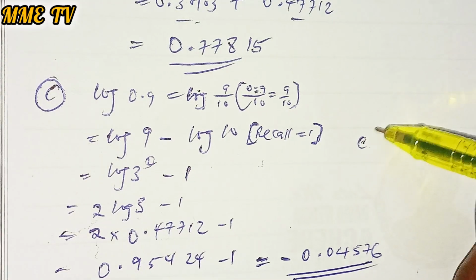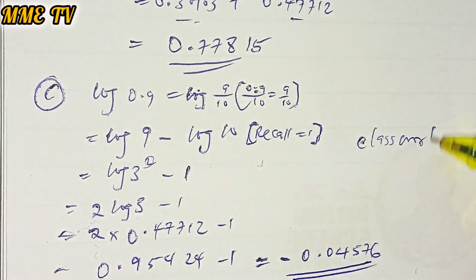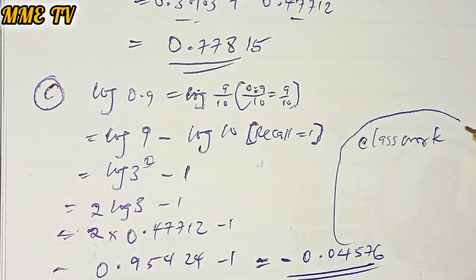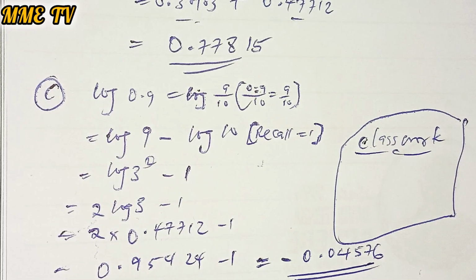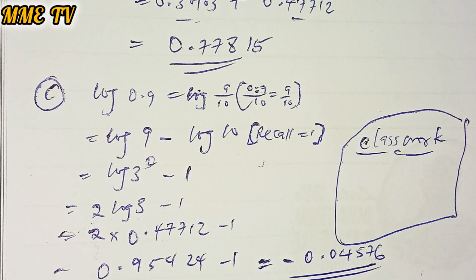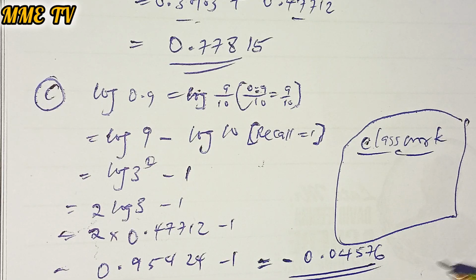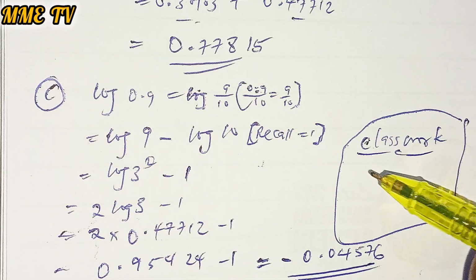Now let me give us a classwork here, and this particular classwork is not going to be much difficult. But at least it's going to enable us to understand better. Let me assume that this is a case whereby we are given the same values.